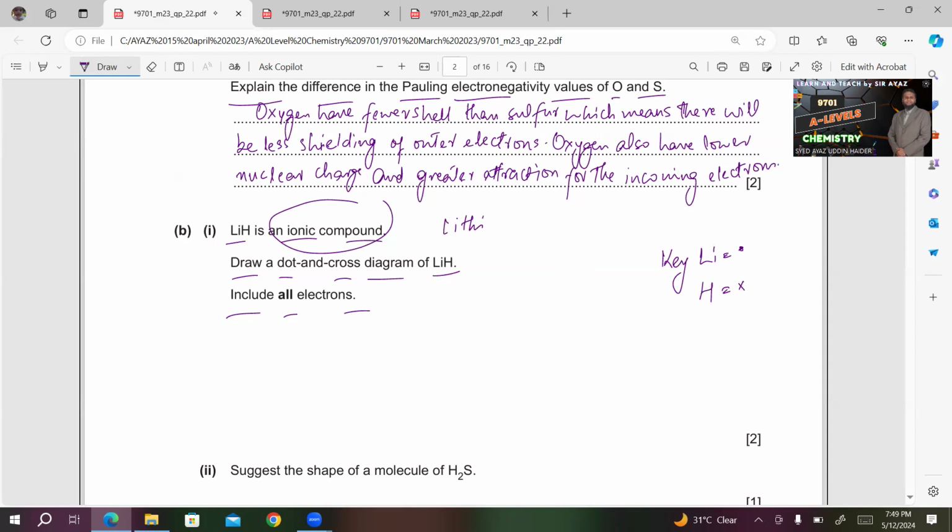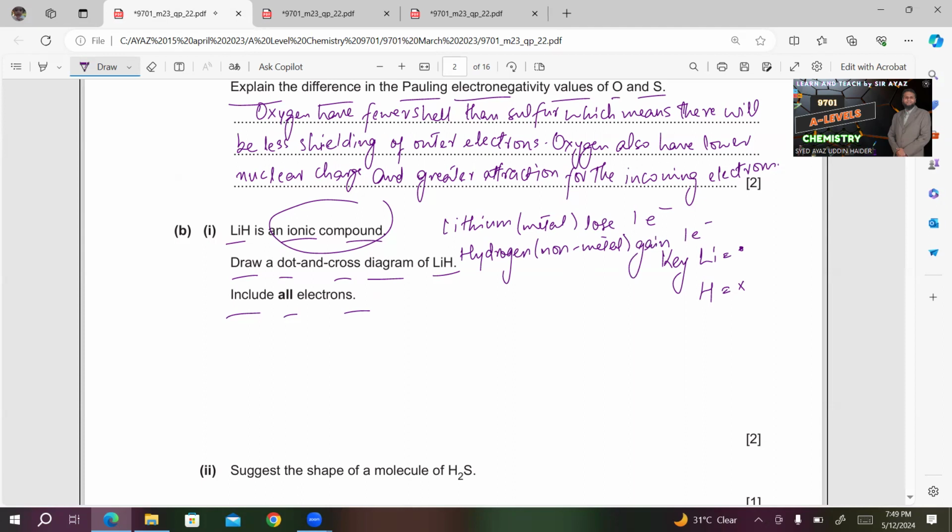Lithium, metal, lose 1 electron. Hydrogen, it's a non-metal, gain 1 electron. So I'm going to show only first shell of lithium.